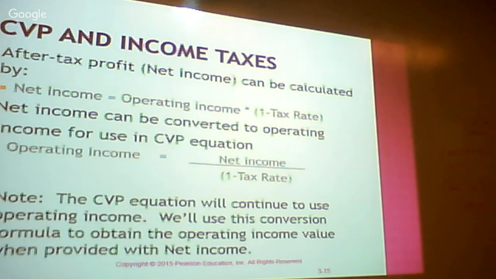Okay, so that's what we're trying to say: we have to take out whatever the tax is. But in the homework assignments that we deal with, you're assuming that unless they give you the tax rate, you don't worry about the tax rate. Okay?